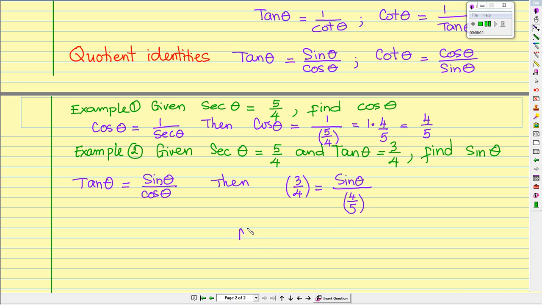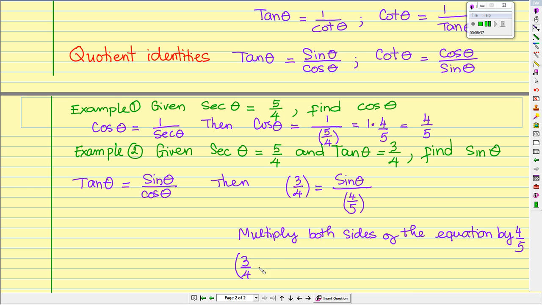Then we can multiply both sides of the equation by 4/5.